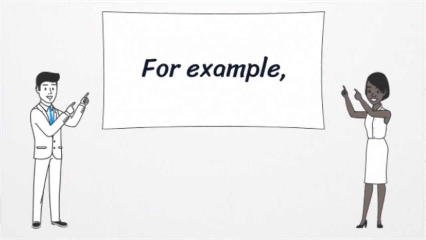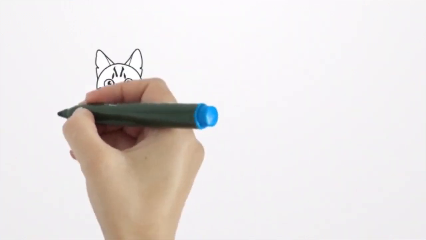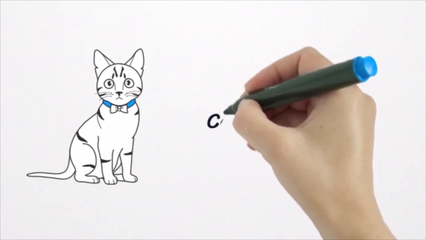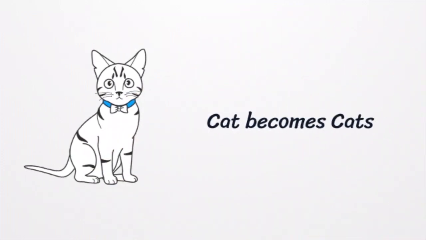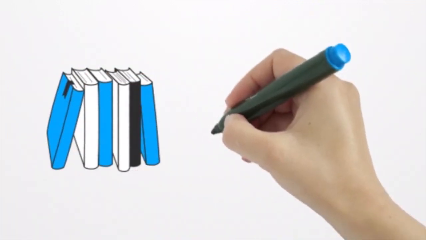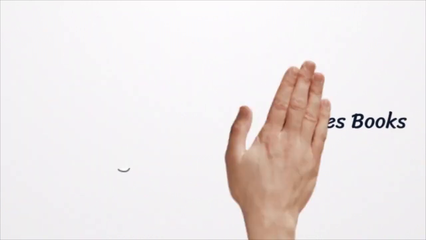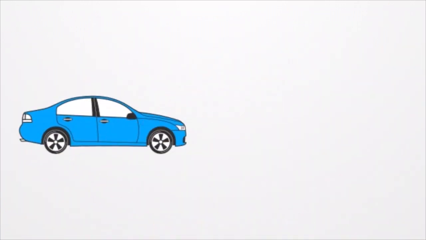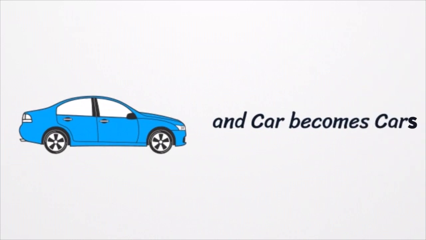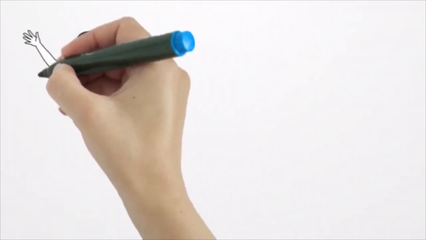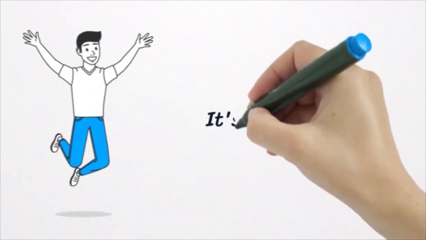For example, cat becomes cats. Book becomes books. And car becomes cars. It's that simple.